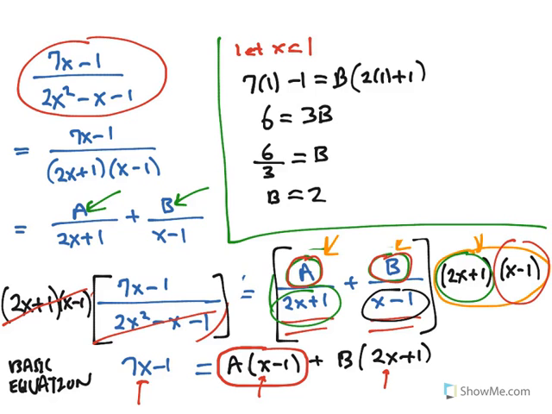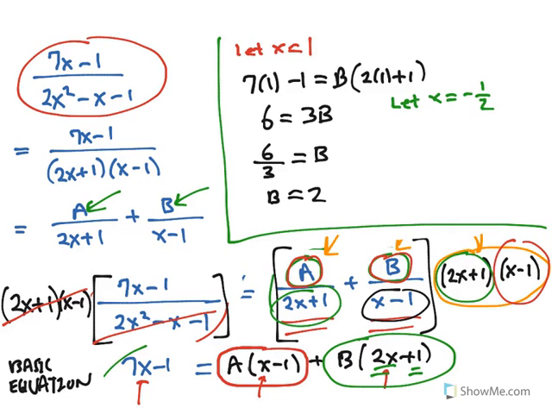And then if I let x be equal to, now we want to make the term that I'm circling in green 0. So if I let x be equal to negative 1/2, 2 times negative 1/2 is negative 1. Negative 1 plus 1 is 0. So I'll let x be equal to negative 1/2.